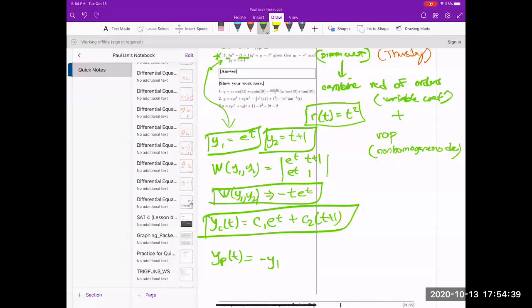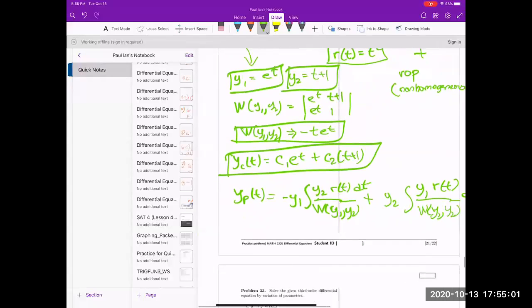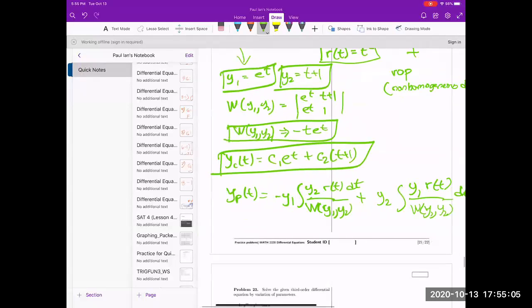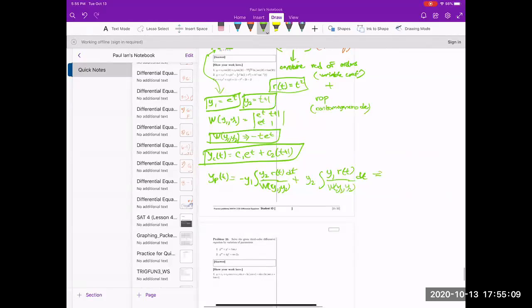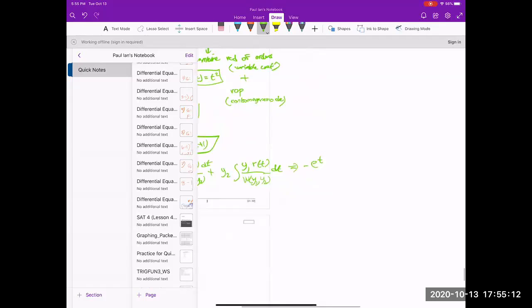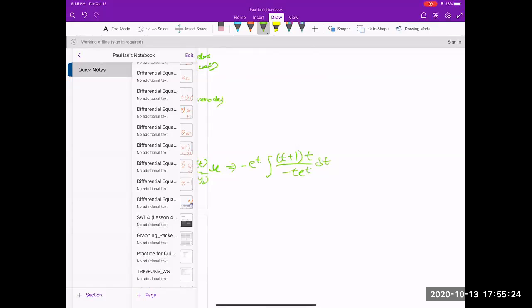So it's minus y1, y2, r(t), and the Wronskian of y1, y2, plus y2, y1, r(t), over the Wronskian of y1, y2, dt. (t plus 1) times t over e^t dt plus (t plus 1) e^t over minus t e^t dt.